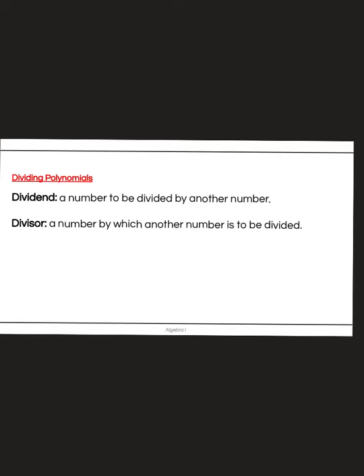Here are a couple of vocabulary words that you want to just remember from regular division, so pause and make sure you write these down. The dividend is the number to be divided by another number, and the divisor is the number by which another number is to be divided. And please also remember that the answer to a division problem is a quotient.